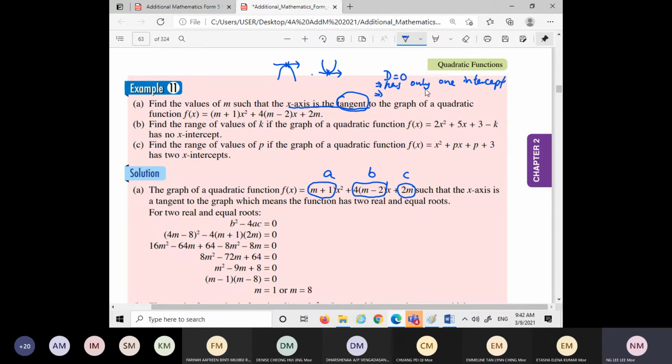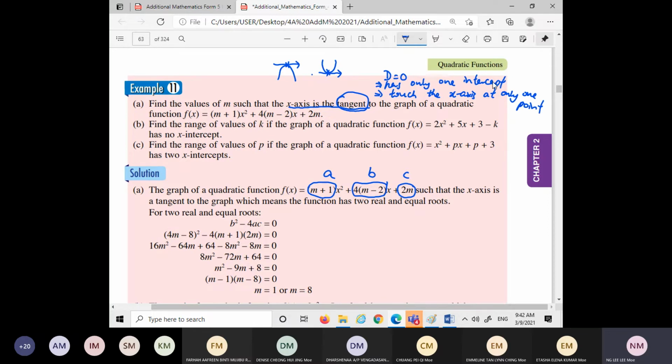Or when you see touch the x-axis at only one point. All these mean D equal to 0.